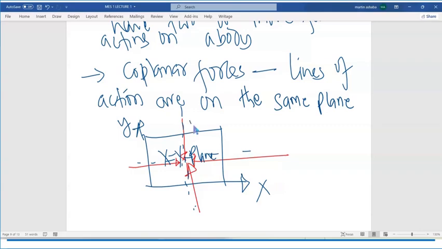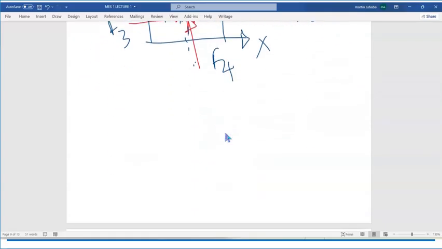So maybe this is F1, this is F2, this is F3, this is F4. So these are coplanar forces. You can also have the zx plane.